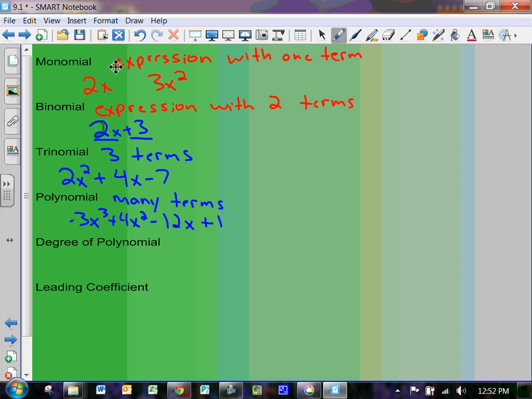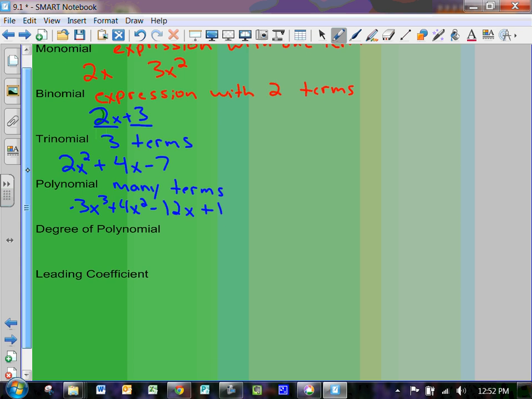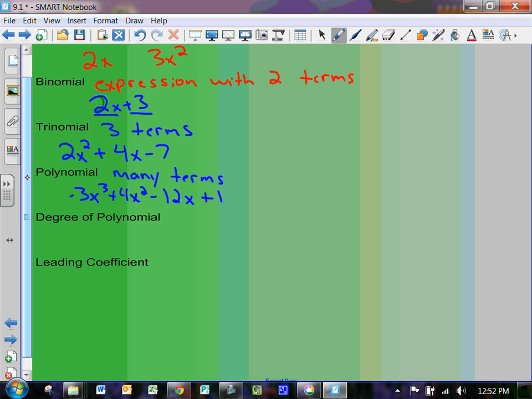Degree of polynomial. This is a way to classify these also. Degree is the exponent that is largest. For instance, the last one we did here was negative 3x to the third plus 4x squared minus 12x plus 1.